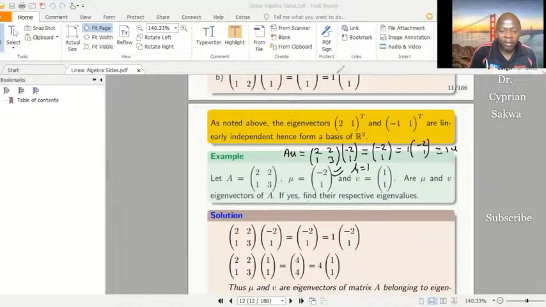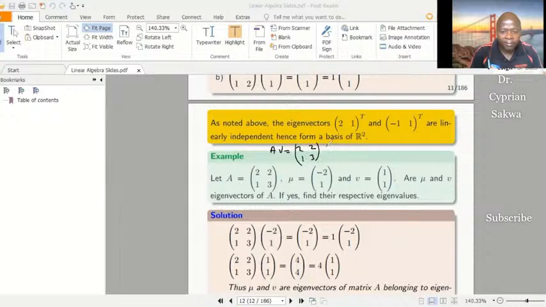Let me check if the other one is also an eigenvector corresponding to any eigenvalue of A. So I take A times v. A times v will be (2, 2, 1, 3) multiplied by (1, 1). That is my v.